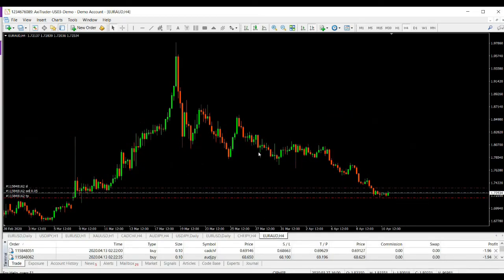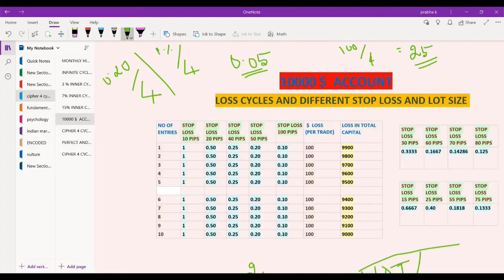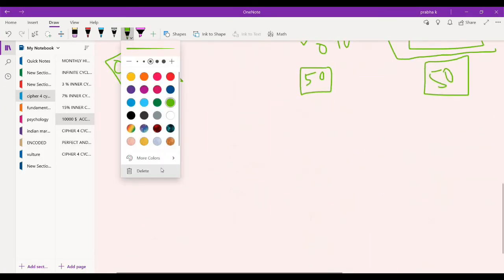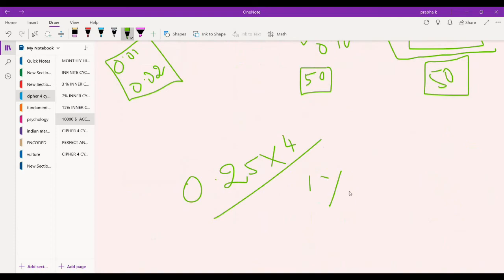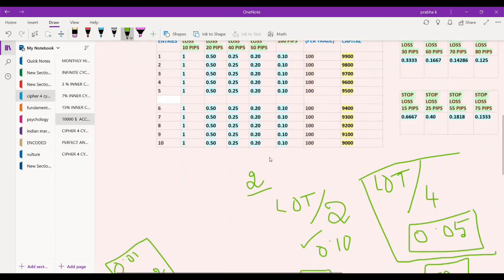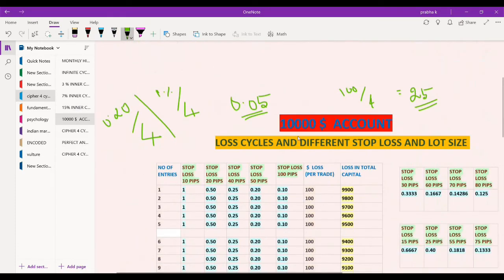So overall, altogether, it forms 1%. 0.25 into 4 is 1%, which is 100 US dollars for this given $10,000 account which I have calculated.